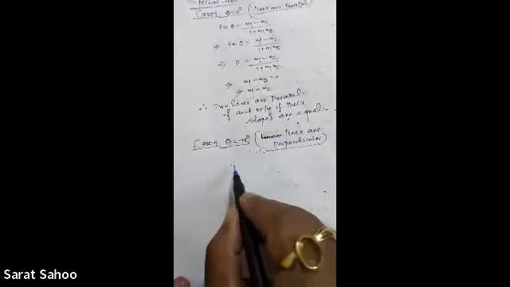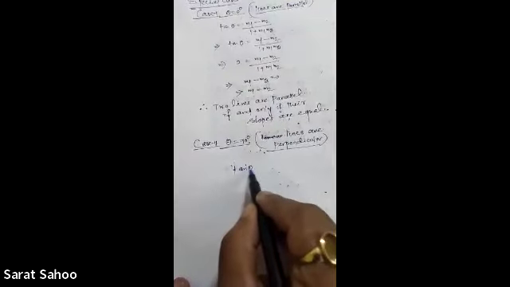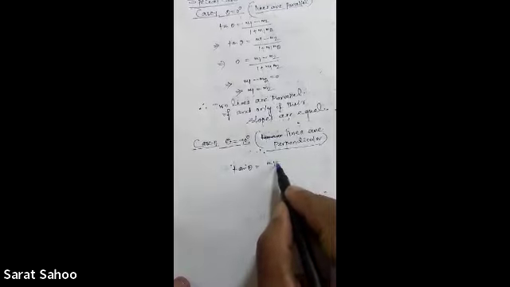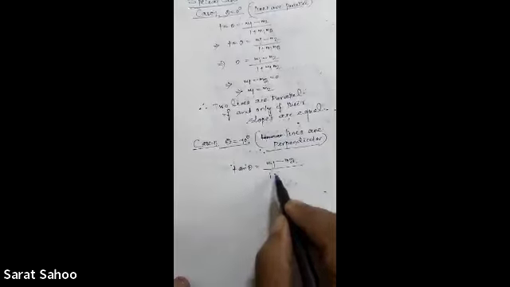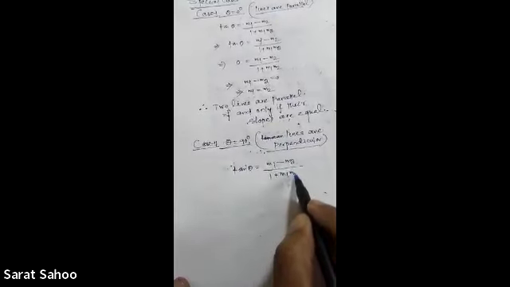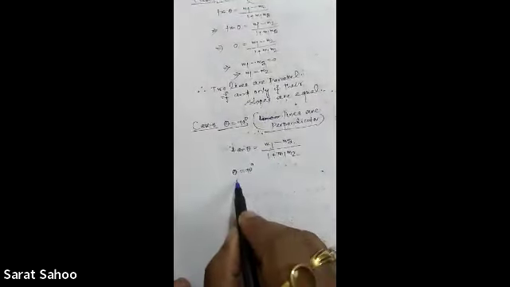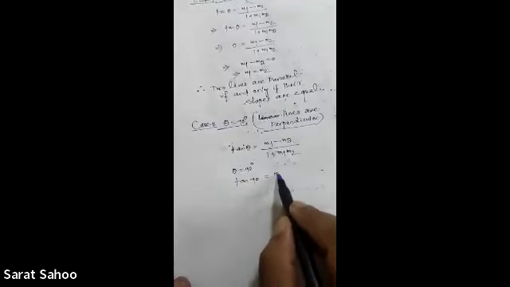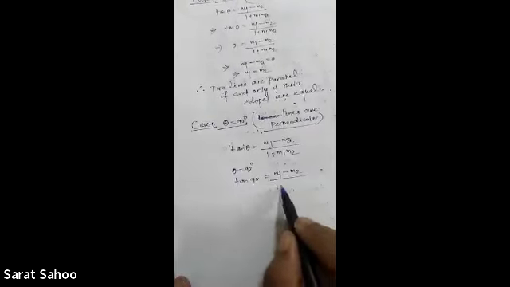So tan theta is equal to m1 minus m2 upon 1 plus m1 m2. Now substitute theta is equal to 90 degree. So tan 90 is equal to m1 minus m2 upon 1 plus m1 m2.